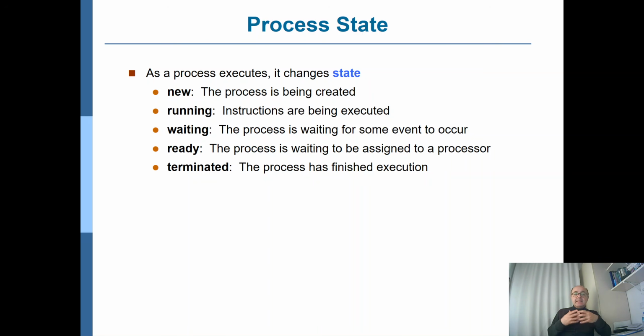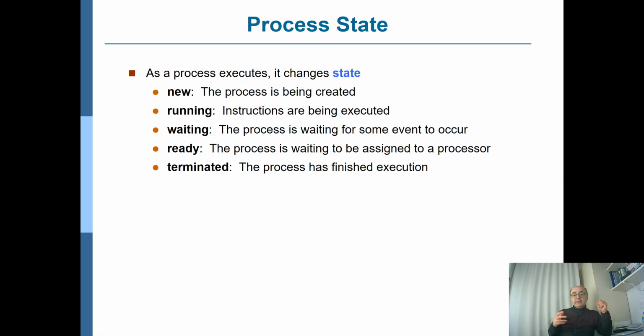Therefore, it is in a state we call the new state. So the moment you start creating the process, you set its state to new, and until everything is ready and the program counter is set to the address of the first instruction in main, during that time it's in the new state.